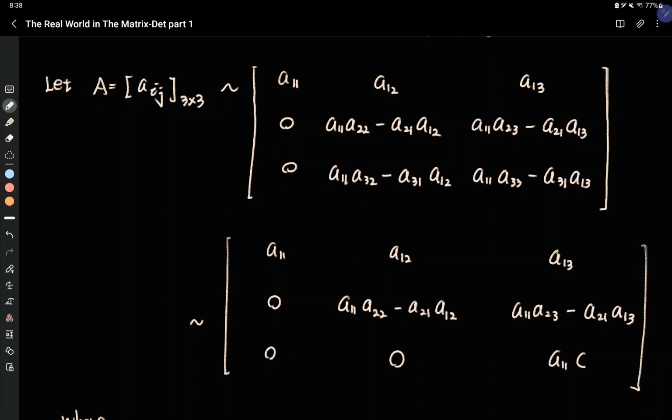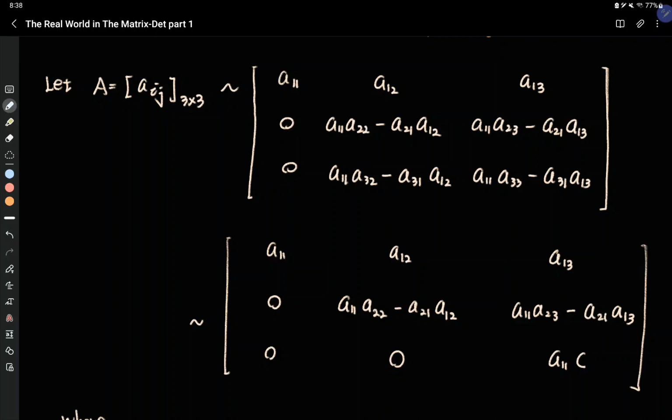In this case, to make a zero in the second row, first column, we multiply the first row by minus a21 over a11 and add that row to the second row to make this entry zero.